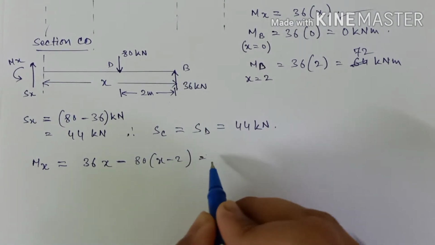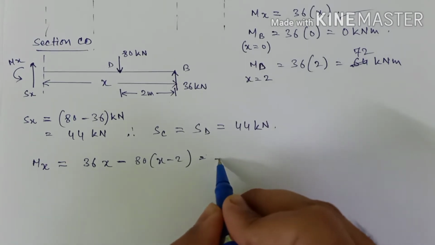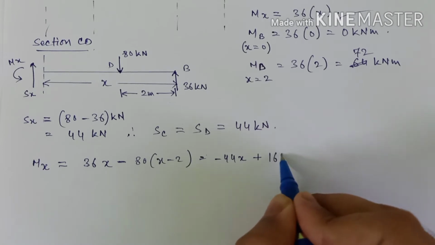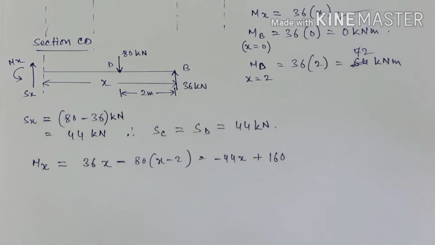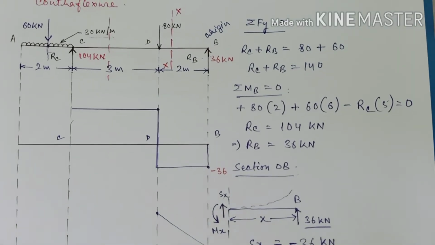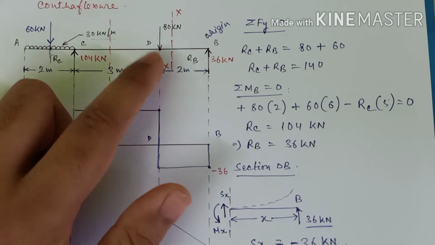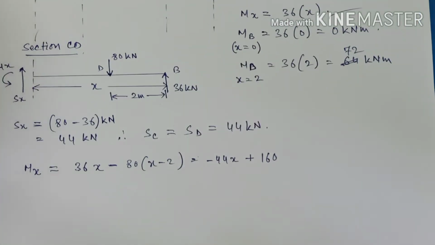So if you simplify this, it will be minus 44x plus 160. Okay, so this is our moment equation. Let us now find out the value of bending moment at D. So the point D is 2 meters away from the origin.